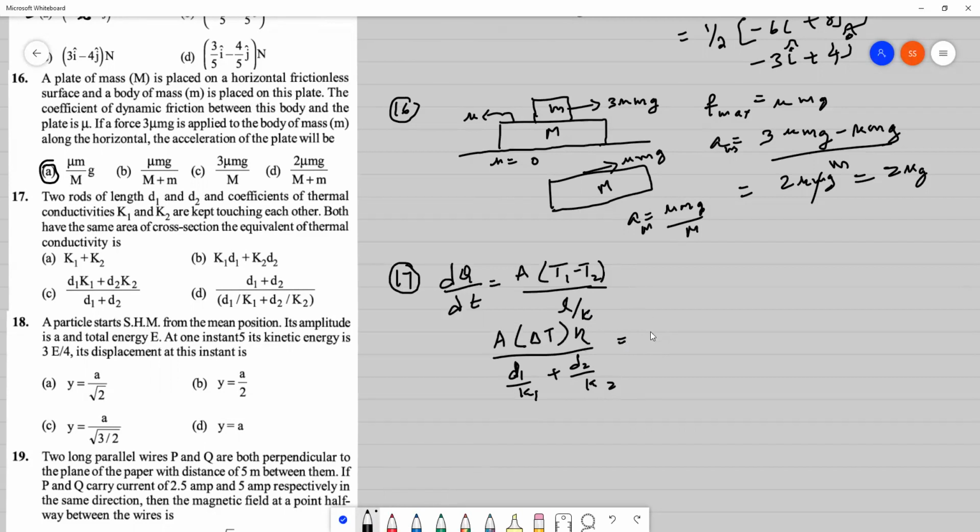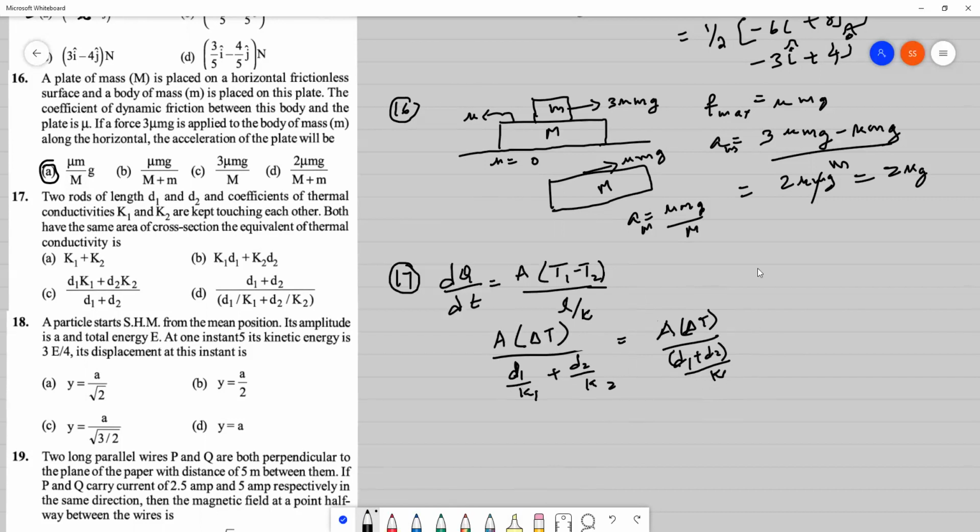That should be equal to, if both are combined, A times delta T divided by D1 plus D2, the whole divided by K, where K is the effective thermal conductivity.